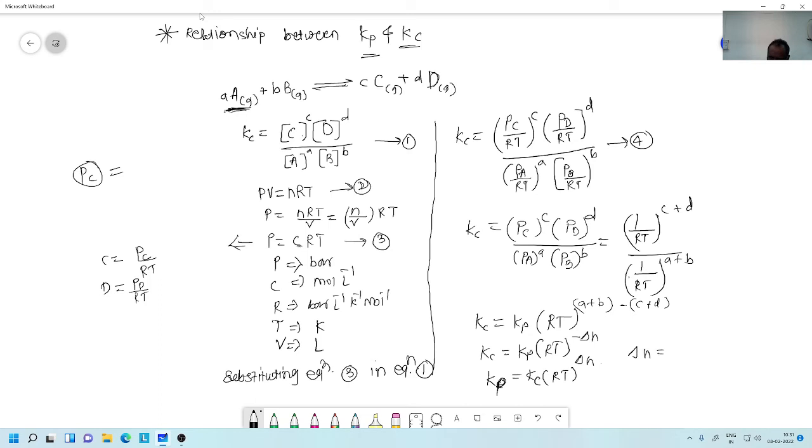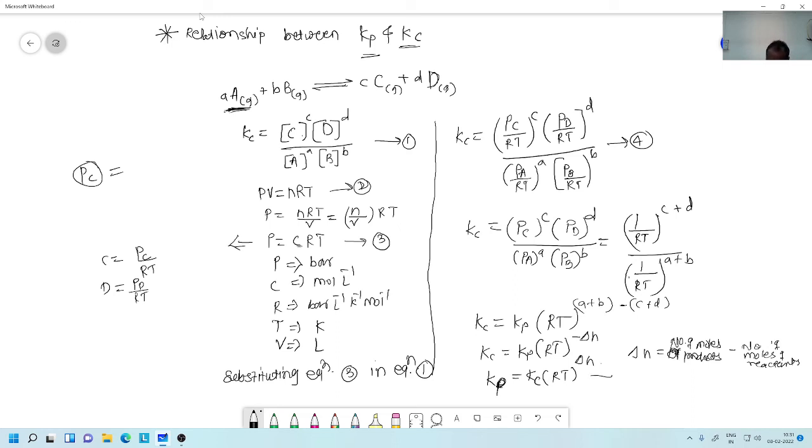Delta n is equal to the number of moles of products minus the number of moles of reactants, right?